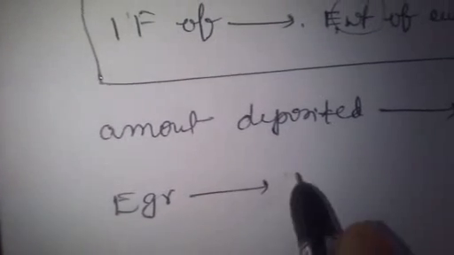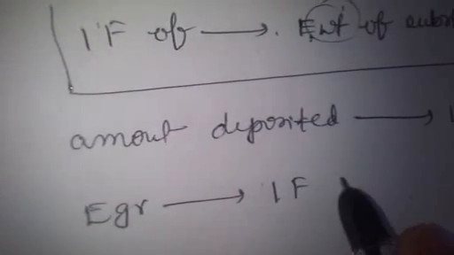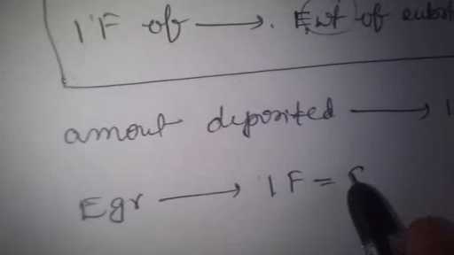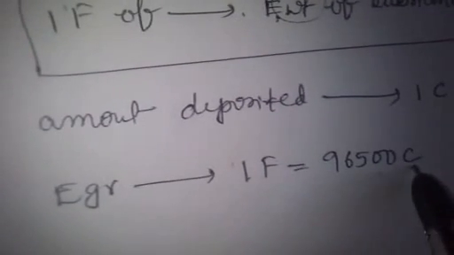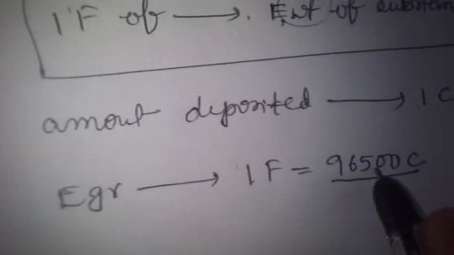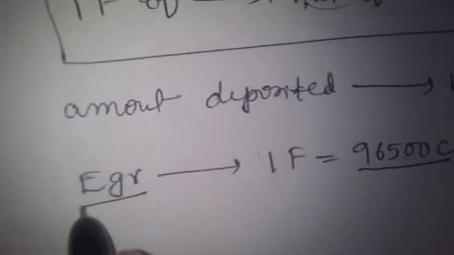For E grams it requires 1 Faraday, and 1 Faraday means 96,500 coulombs. So 96,500 coulombs can deposit E grams.